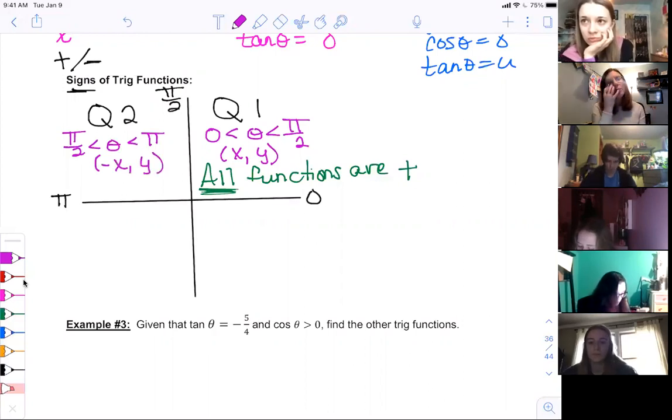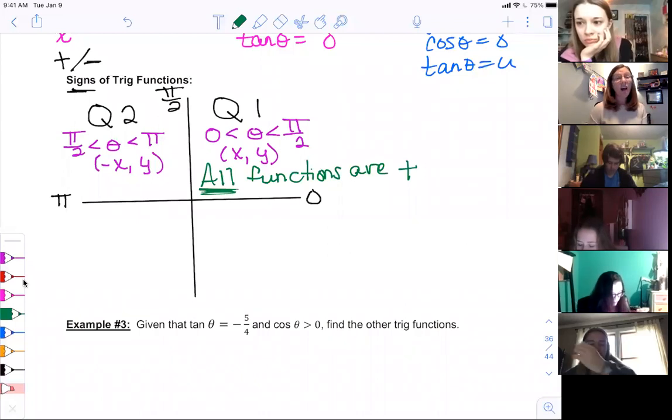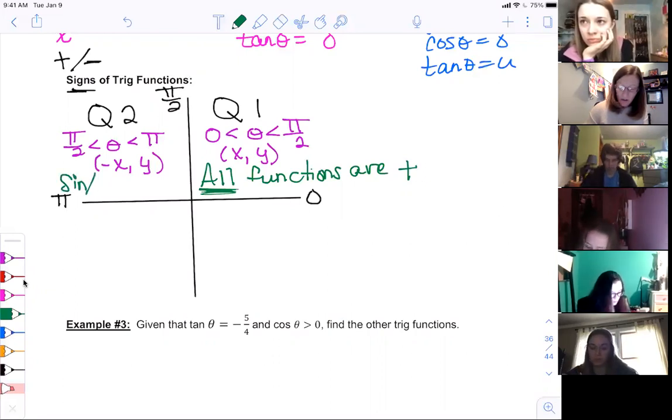So if the y remains positive, which function deals with y? The tangent or cosine? Sine. Sorry, sine, yeah. So the sine specifically deals with y because it's y over r, where the tangent uses y and x. So the sine and its buddy, the cosecant, would be our positive functions.